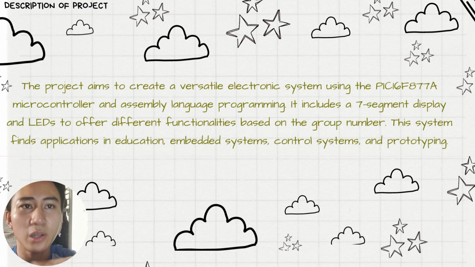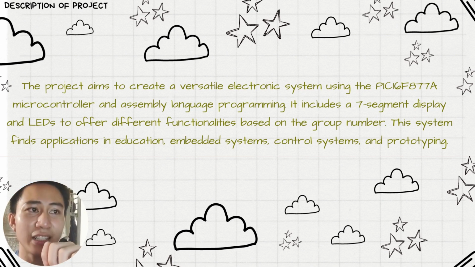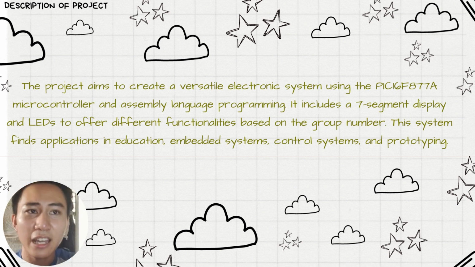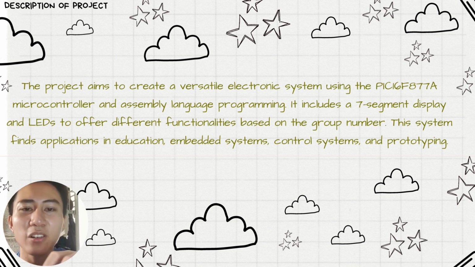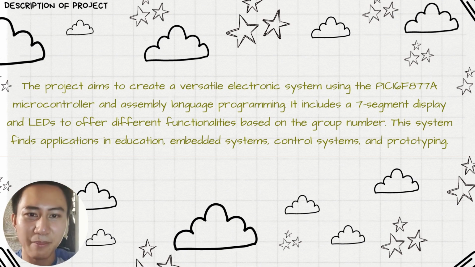Overall, our project aims to create a versatile electronic system using the PIC 16F877A microcontroller and assembly language programming that includes a 7-segment display and LEDs to offer different functionalities based on the group number. This system finds application in education, embedded systems, control systems, and prototyping.